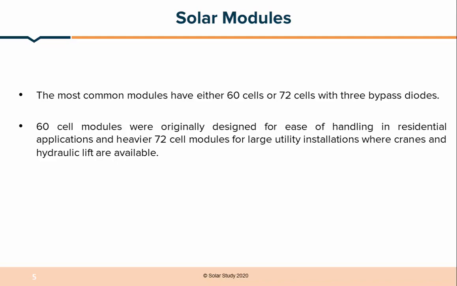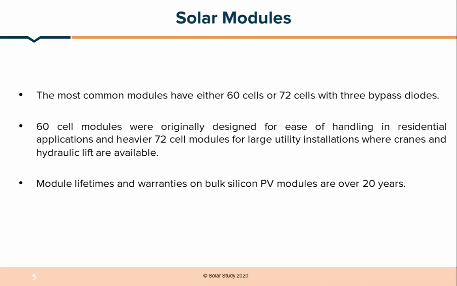So this 72-cell module is basically used for high-power utility applications. We already know the module lifetime: the manufacturer gives warranties of over 25 years for these silicon-based PV modules.